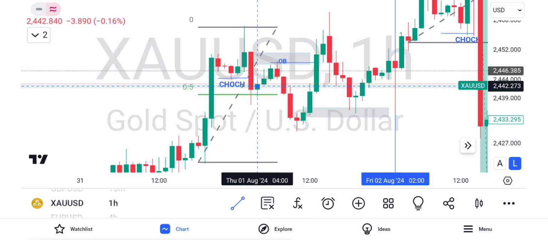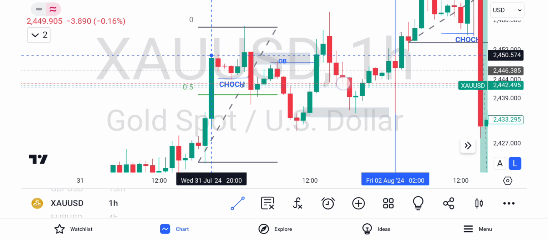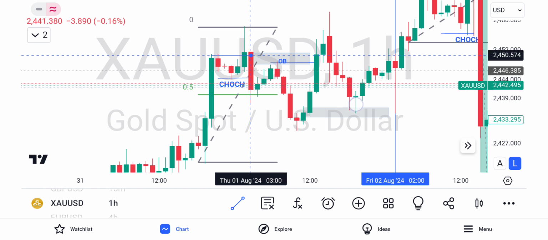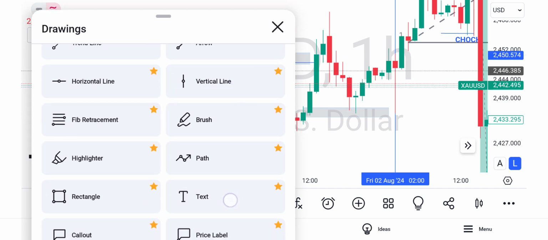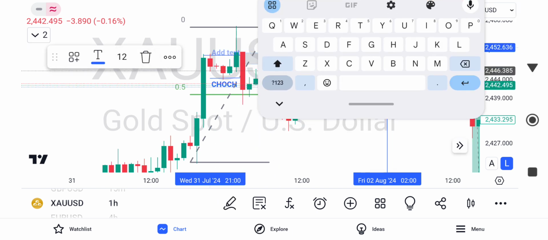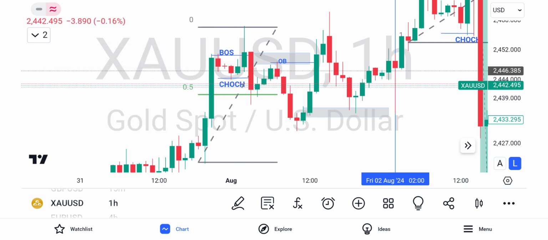Let me do this to simply denote it properly. You get break of structure, change of character.